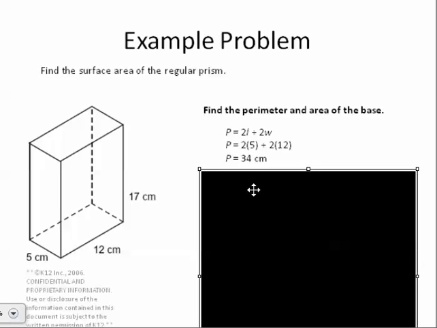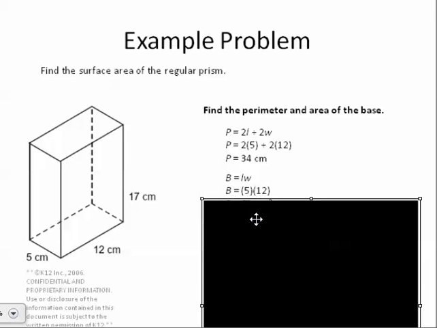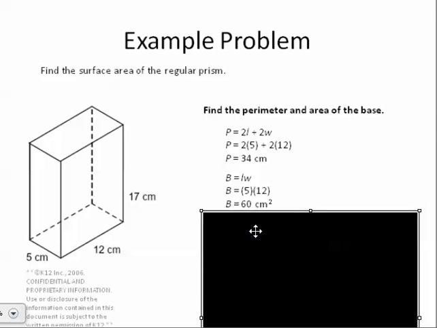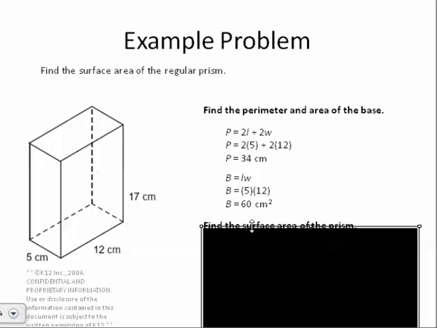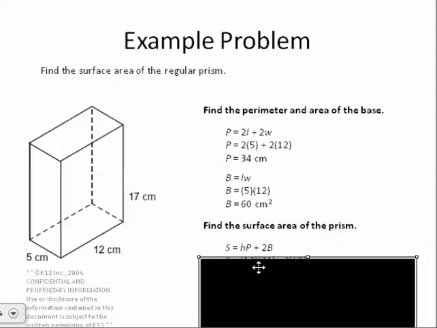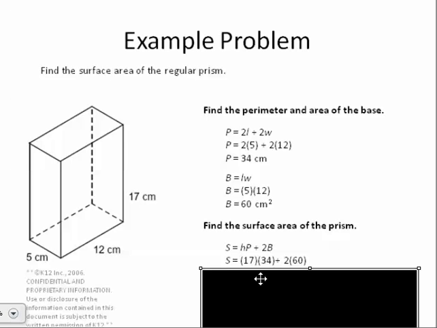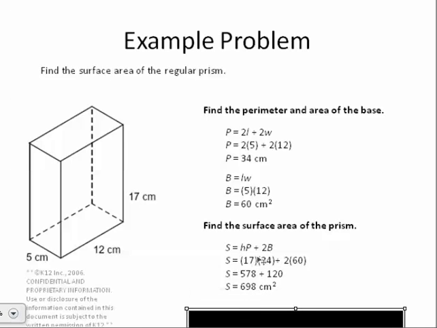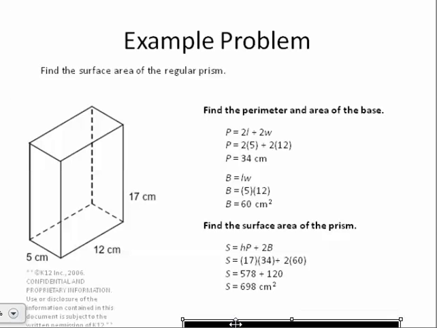I'm going to multiply 34 times 17 eventually. Area of the base, 5 times 12, that's 60. So putting the whole formula together, I'm going to take the perimeter, 34, times 17, plus 2 times 60. And that's going to give me this whole number of 698 centimeters squared.